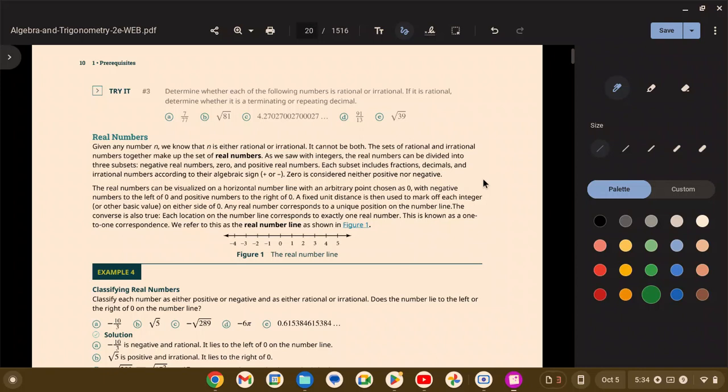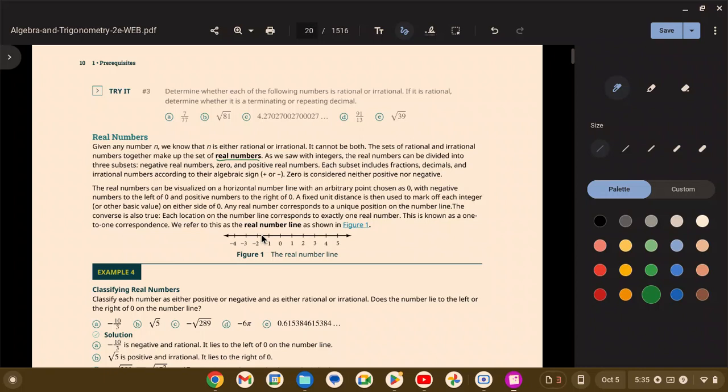The real numbers can be visualized on a horizontal number line with an arbitrary point chosen as 0, with negative numbers to the left of 0 and positive numbers to the right of 0. A fixed unit distance is then used to mark off each integer or other basic value on either side of 0. Any real number corresponds to a unique position on the number line.